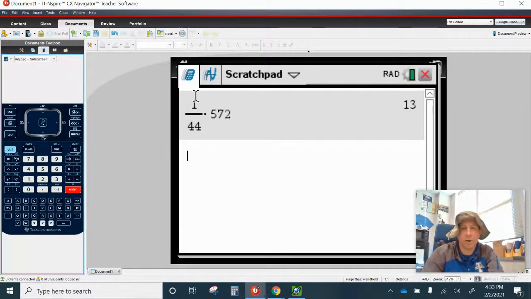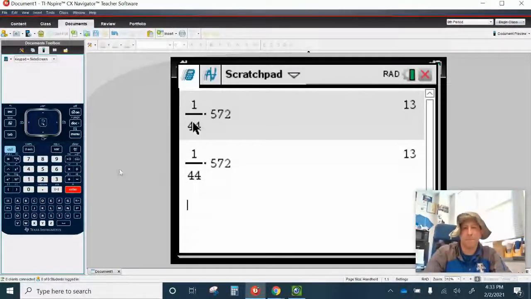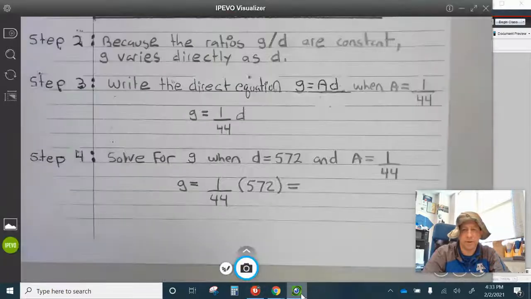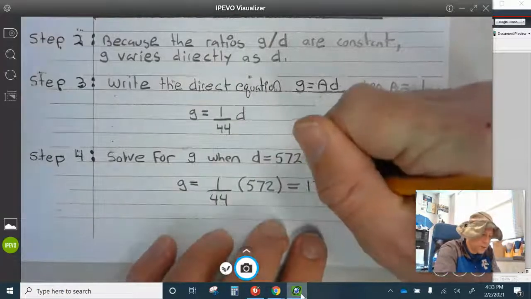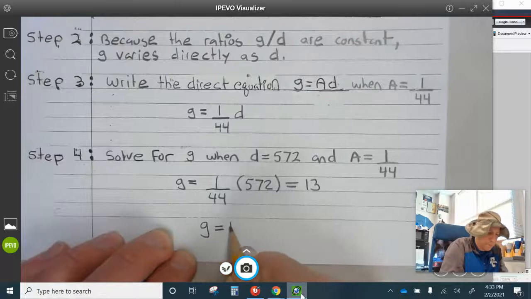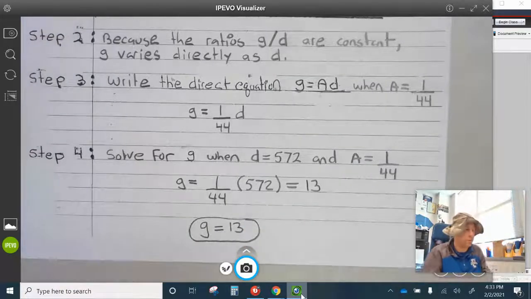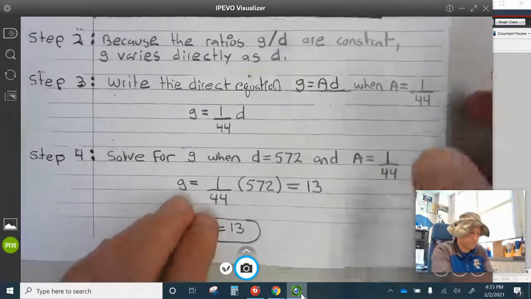Now, notice how it came out like that, but if you press Control Divide, you can put 1 divided by 44, click to the right, parentheses 572, and it will do the same thing, okay? But nonetheless, it's 13. So g equals 13. Okay, go ahead and finish up example 2.